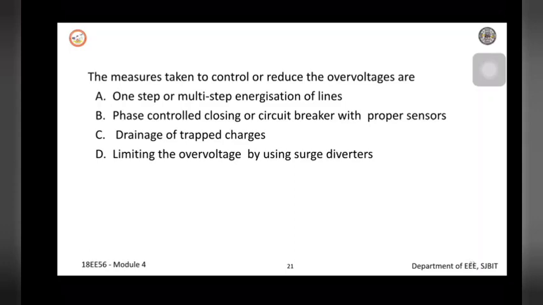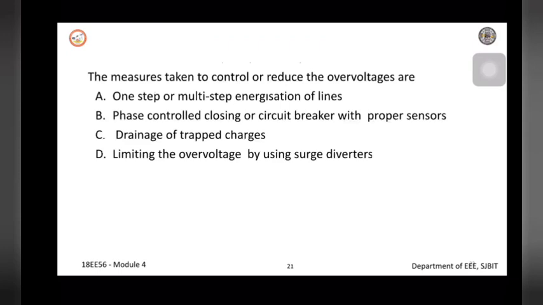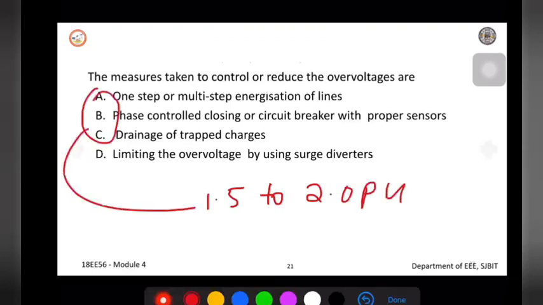So if we follow the first three methods, A, B, C, then we can easily limit the switching surges between 1.5 to 2 per unit. If I follow the first three steps carefully, I can limit my over voltage to this range. If not, it will go beyond this, then it will lead to cascading failure. Multiple problems will be created in the power system.